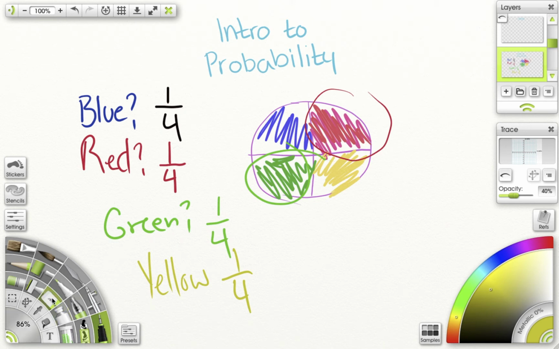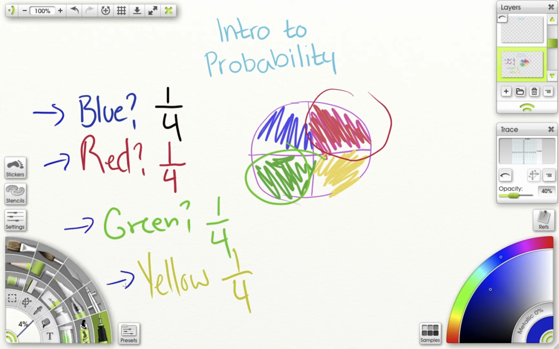So if I spin the spinner 4 times, technically, in one of those 4 times, I should land on blue. If I spin it 4 times, one of those times I should land on red. Spin it 4 times, one of those times I should land on green, and same with yellow. So I should land on each color once if I spin it 4 times.